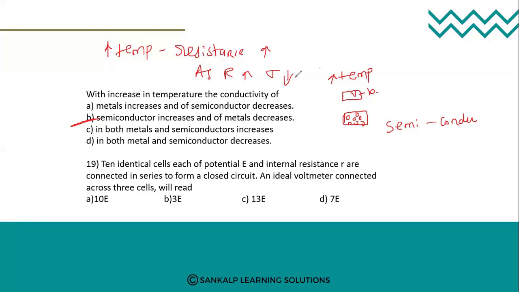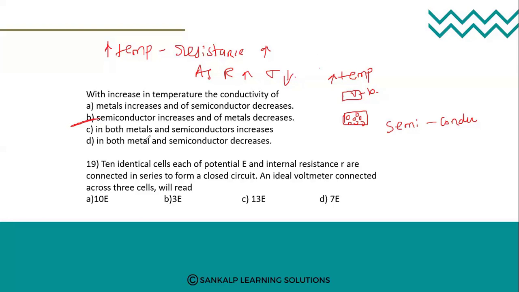Hope the concept is clear. Is it clear, everyone? We need to understand this by the conductivity concept of semiconductors. So question number 18, option B is the right answer. Semiconductor conductivity increases, and for metals it decreases.